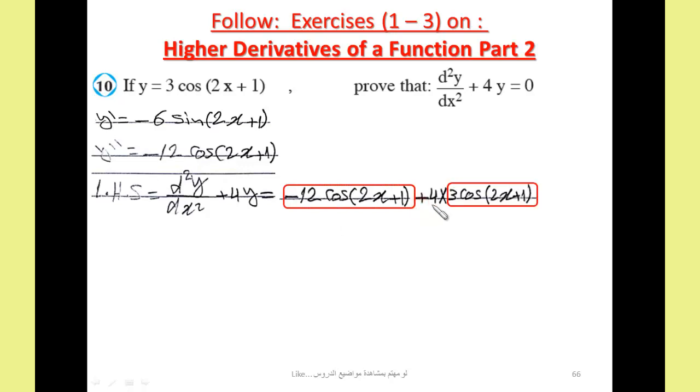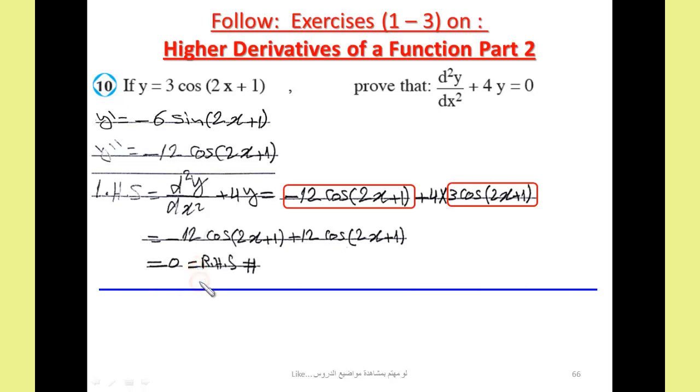But y equals 3 cosine 2x plus 1, and we write 4 multiplied by 3 cosine 2x plus 1. And we simplify it. Negative 12 cosine 2x plus 1 here, 4 multiplied by 3 is 12 cosine 2x plus 1. And the answer will be 0. Negative 12 plus 12 equals 0. Equals right hand side, and this is the required.